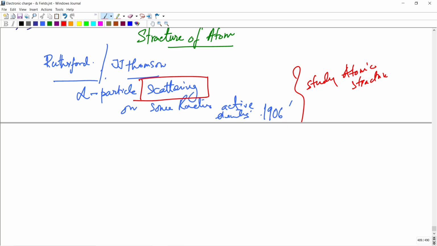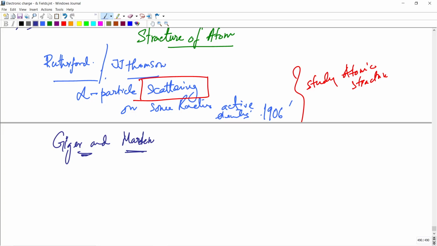Here are another two scientists, Geiger and Marsden. These are the students of Rutherford.